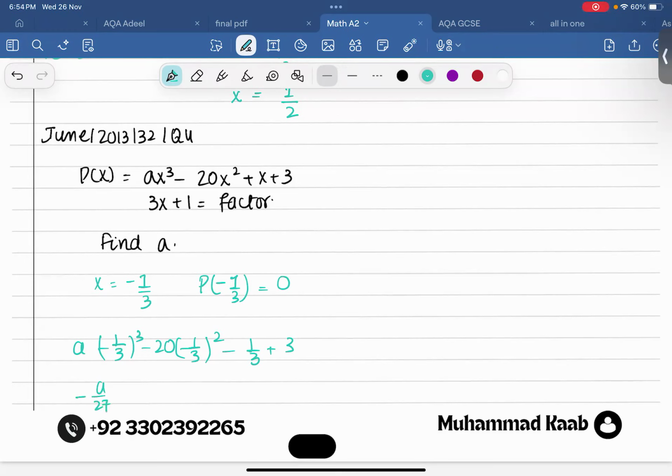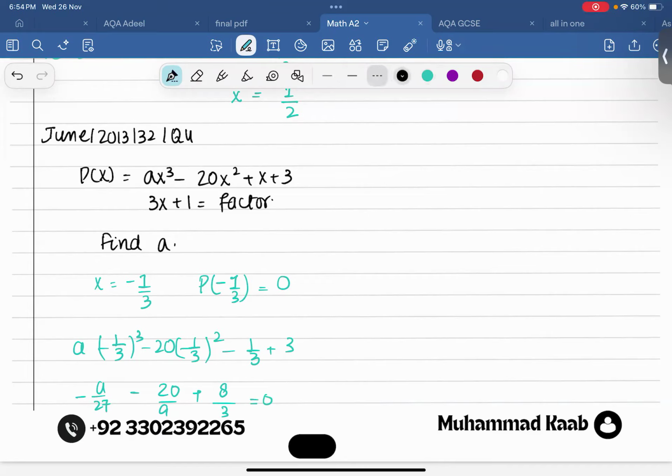And then 3 squared is 9, so minus 20 over 9, okay? And then minus 1 over 3, plus 3, which is 8 over 3, with a plus sign, right? Clear ho gaya? So this should be equal to 0, right?